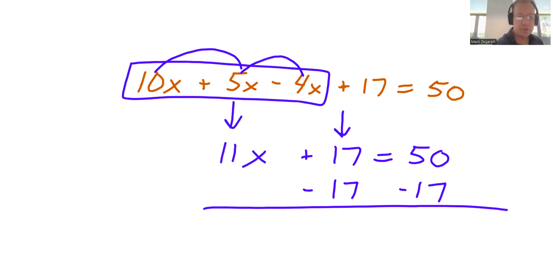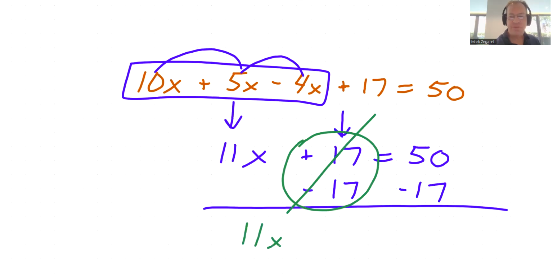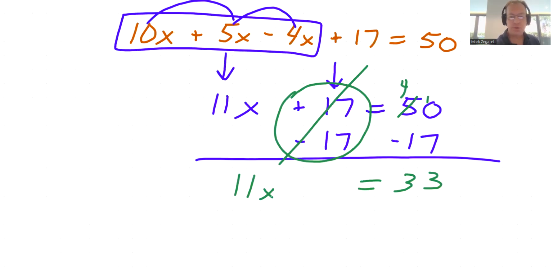Plus 17 minus 17 goes away. 11x equals 50 minus 17. What is that? I'm going to borrow. I have 10 minus 7 is 3. 4 minus 1 is 3. 11x equals 33. 11 times something equals 33. The answer is 3.